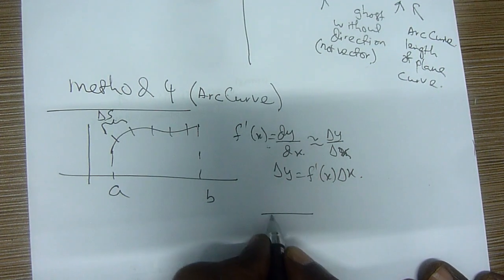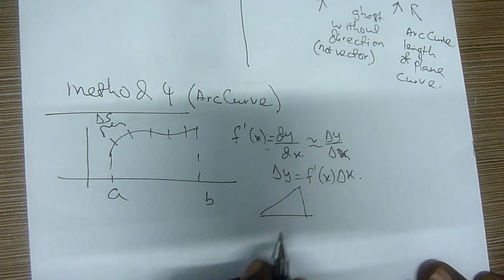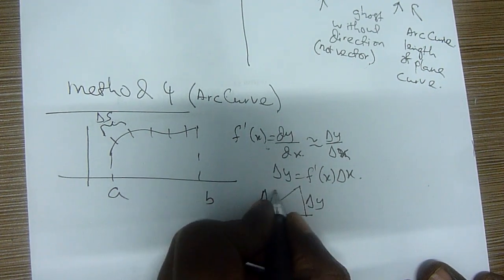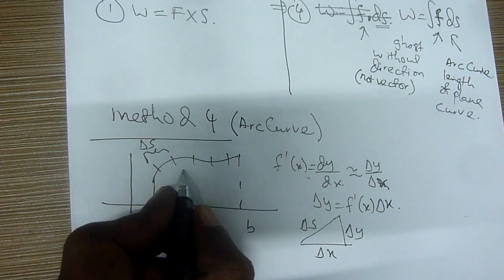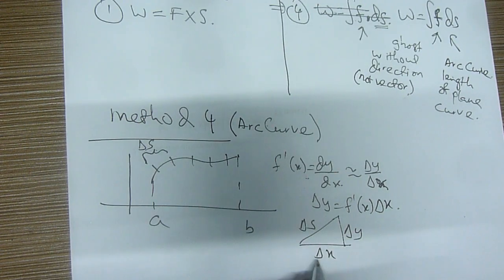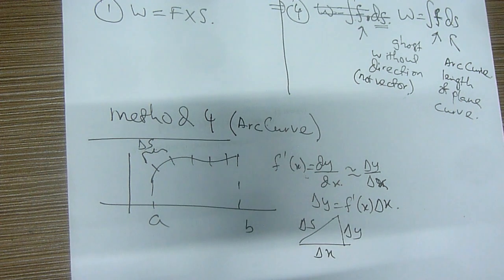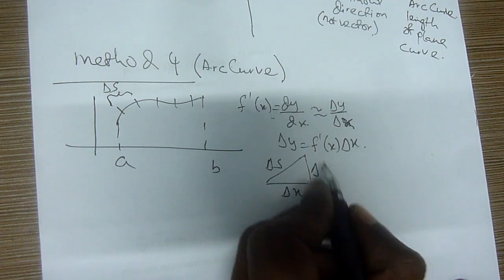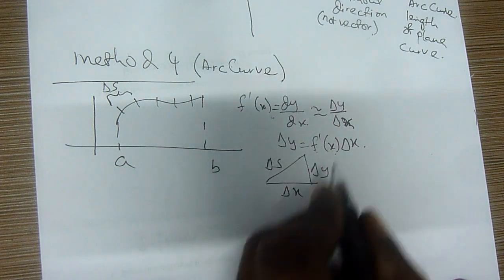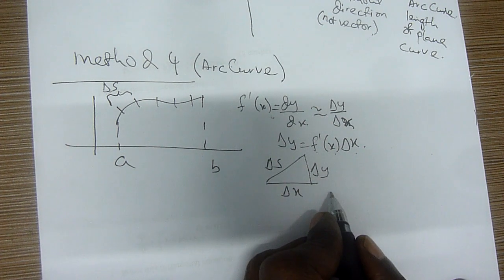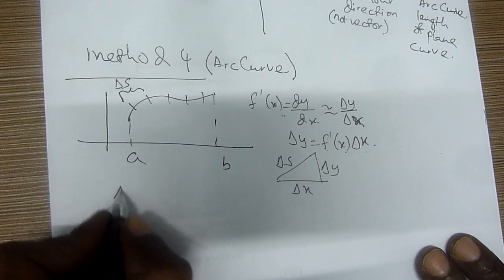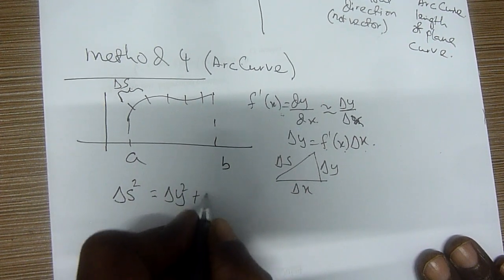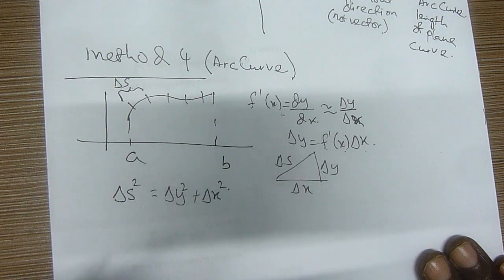I'm just simplifying the whole logic a little bit, making it a simple del x, del y, del s. You can calculate this whole change in a small scale, del x to the change of del y. Therefore the length here can be substituted with this. Very obvious from here, del s power 2 can be calculated as del x power 2 plus del y power 2.